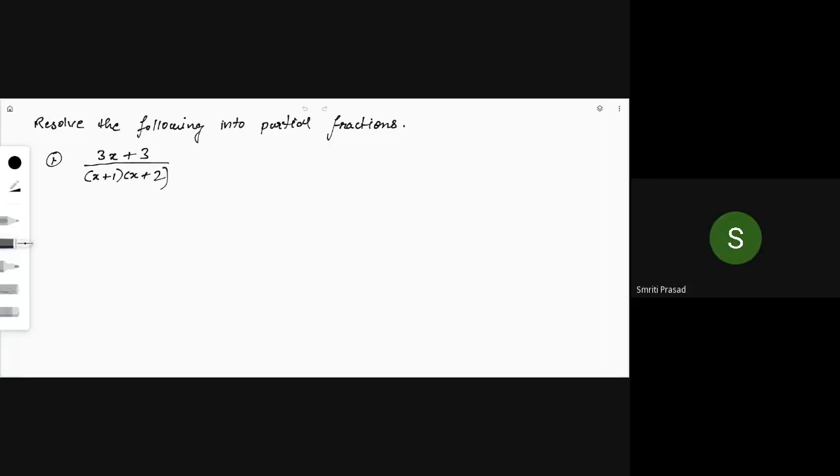Type 1, the first one. So what was the first form? The first form looked like (px + q) upon (x minus alpha)(x minus beta). Now you'll say there is no minus, but I can write x plus 1 as x minus of minus 1 and x plus 2 as x minus of minus 2. Okay, so it is the first form.